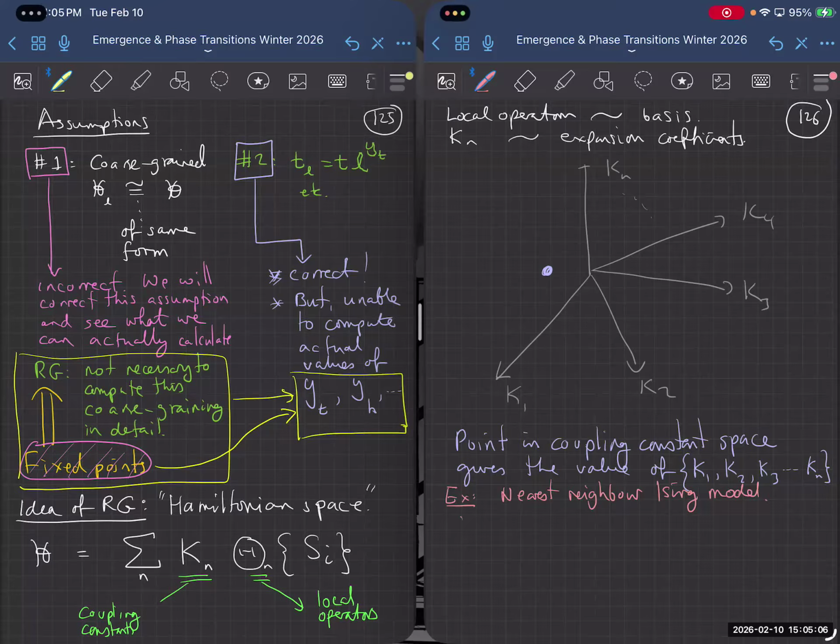So it might be that theta 1 is defined to be Si Sj, and so then I have K1, which is the coupling constant for i and j being nearest neighbors, like so, and then I might have theta 2, and other local operators, but their coupling constants are all equal to 0.